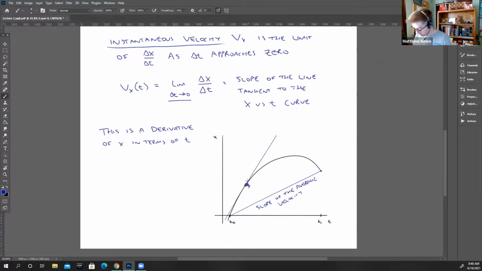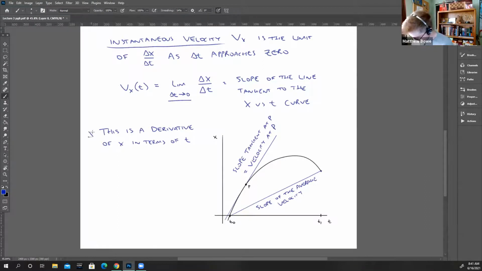So that will be the slope right when it touches at point P. That's the tangent at point P. So this slope right here, slope of the tangent at P, equals the velocity at point P. So that is the value of an instantaneous velocity.